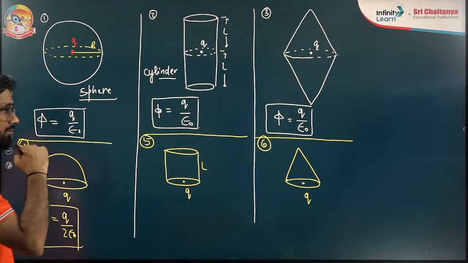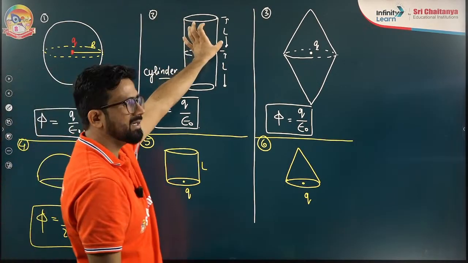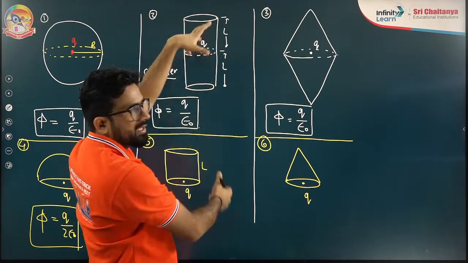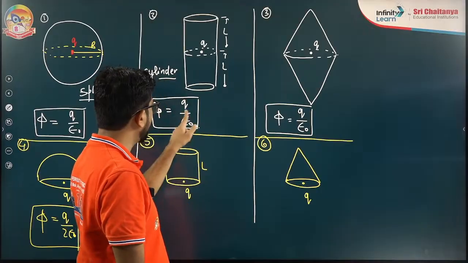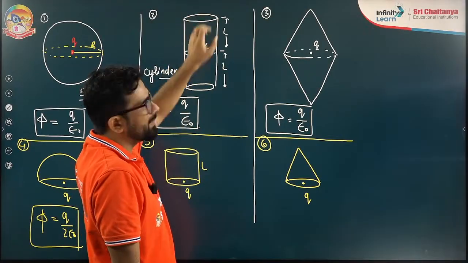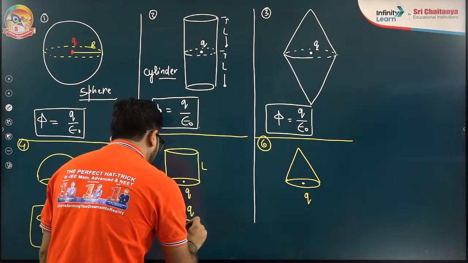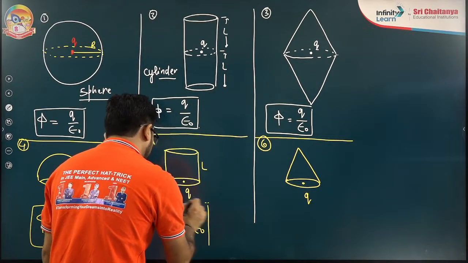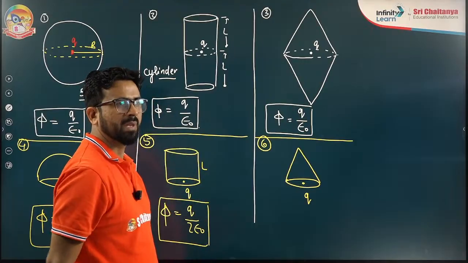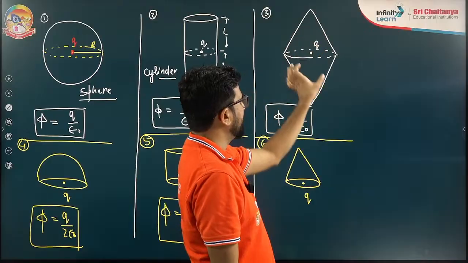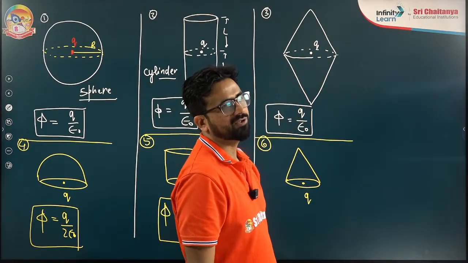Clear? Now similarly here also, this is one cylinder, and the lower part is also one cylinder. If you enclose it, the total flux is q by epsilon. If I ask only about the above part, how much would the answer be? Again the flux is equal to q by 2 epsilon. That is the concept you have to learn. Similarly, in the third case, this is one cone and that is also one cone, and you are placing a charge q here.